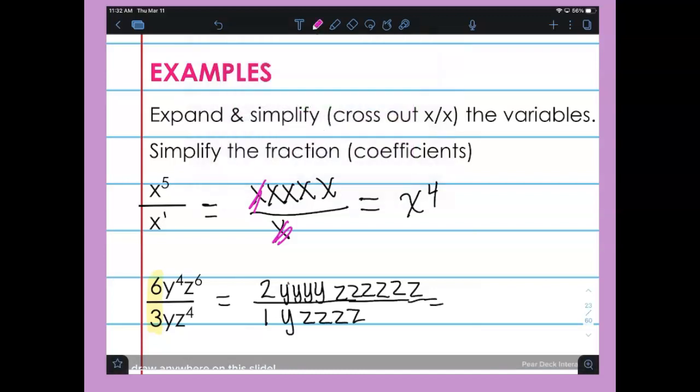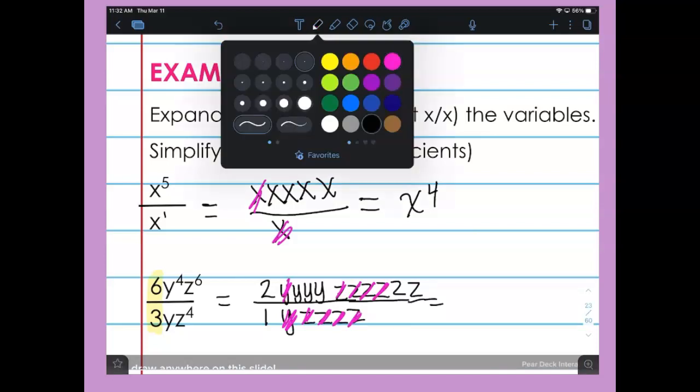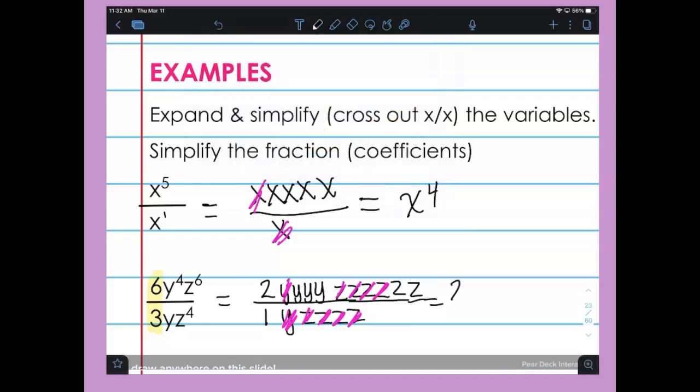From there, y divided by y is 1. Now we look at the z's. z divided by z is 1, z divided by z is 1, z divided by z is 1, z divided by z is 1. What we have left in the numerator is 2 y to the third z squared over 1, which is the same thing as 2y to the third z squared.